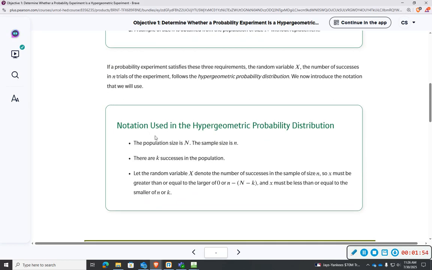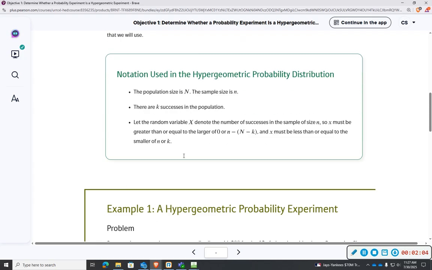Here's the notation that we use in probability. We have a population size of big N, a sample size of little n. There are k successes. I usually refer to that as special k. There used to be a cereal named Special K, so those are the ones we're interested in. We are going to let the random variable x denote the number of successes in the sample of size lowercase n.